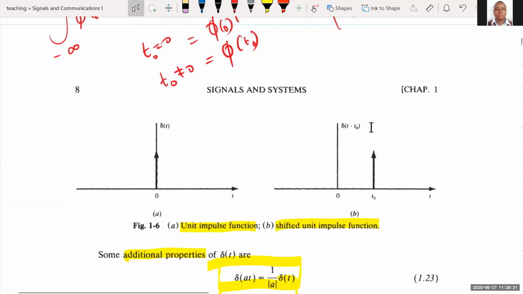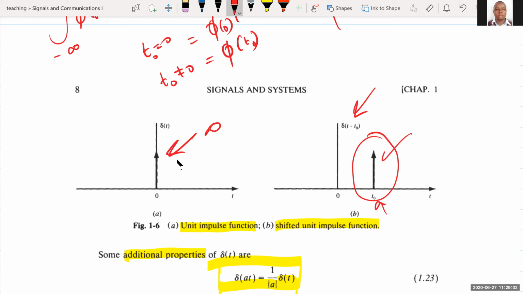We can look at how our function is defined graphically, and we can see from figure 1.6 that this is the unit impulse that is defined at time t equals 0. You see this approaches infinity at time t equals 0. But when it gets shifted, at time t equals t naught, that is where our function gets defined, and this value approaches infinity.